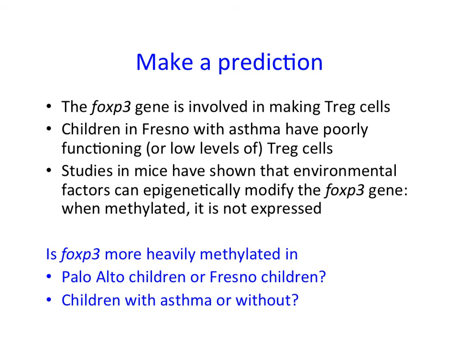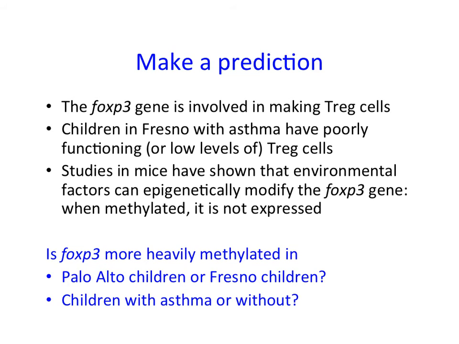So I'd like you to make a prediction now. So we've talked about the FOXP3 gene, its transcription, producing the FOXP3 protein is essential for making these regulatory cells. And we just saw that kids in Fresno that have asthma have really poor T regulatory cells in general.